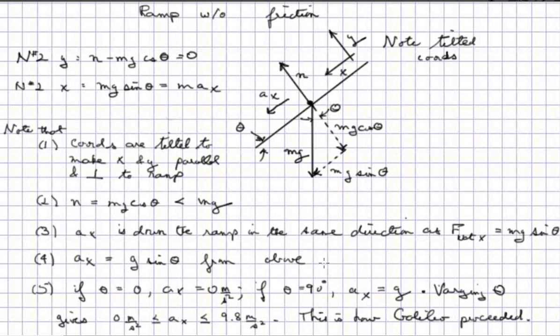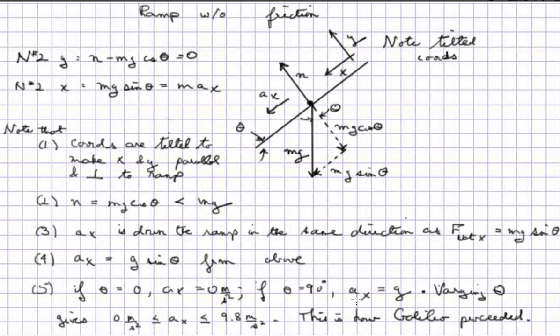In that case, a sub x is equal to g times the sine of 90 degrees. The sine of 90 is 1, and the downward acceleration would then be g. This should make sense to you. And as you vary theta between these two extremes, between 0 and 90 degrees, you can make a sub x vary between 0 and 9.8 meters per second per second.